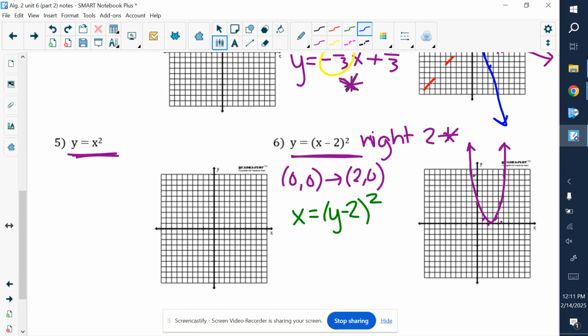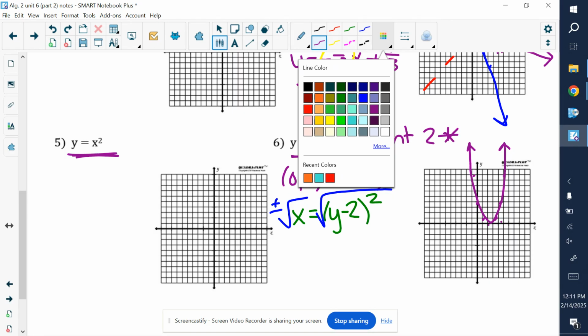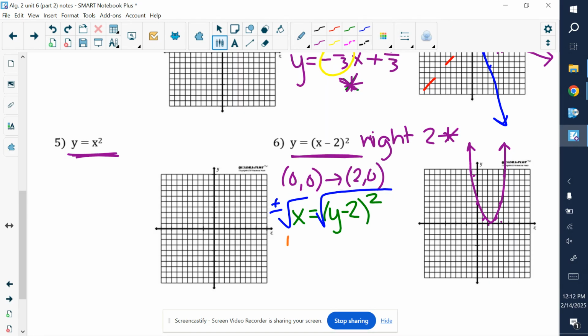I've got to get y by itself. The first thing I have to do is square root both sides. When you square root both sides, you have to remember the plus or minus. So then I have plus or minus square root of x equals y minus 2.